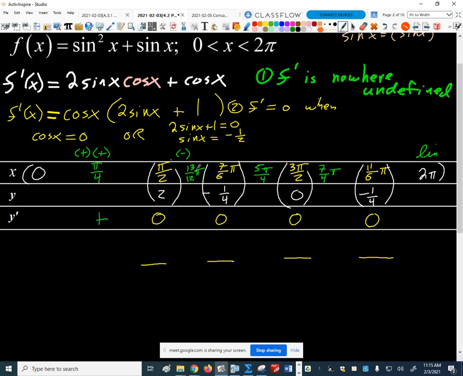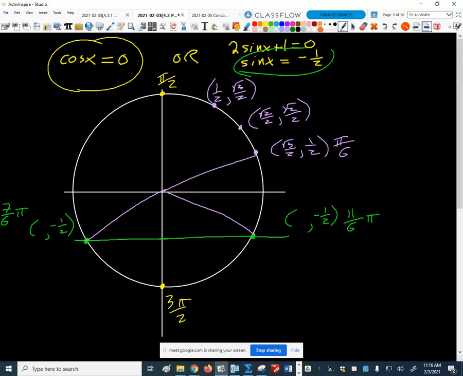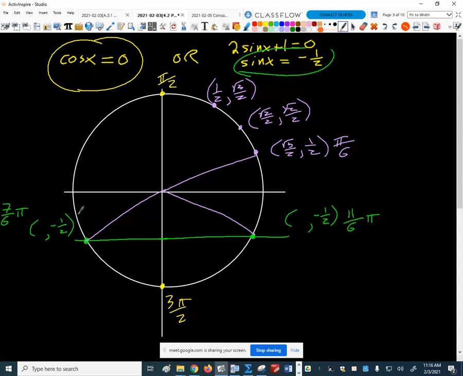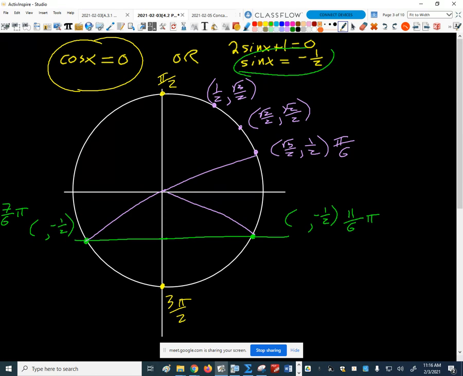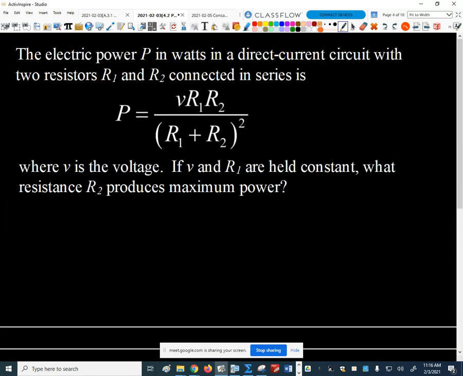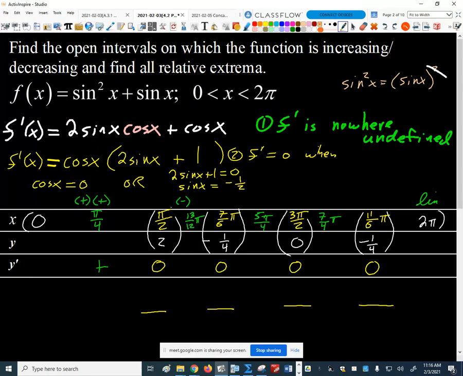Everybody agree? Looking on the unit circle, we're going to be up here somewhere, right? Everybody agree that's a small negative sine value? It's going to be a number whose absolute value is less than 1/2, right? Something close to -1/4, plus or minus a little bit.